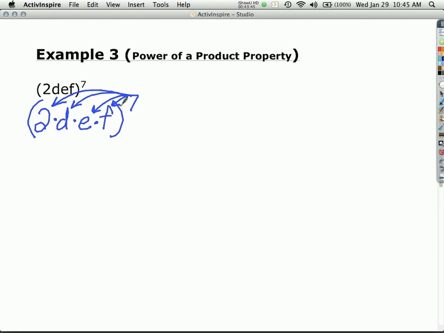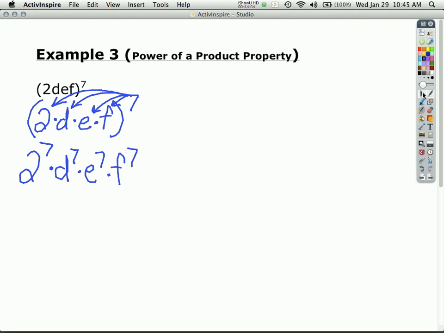So here's what it looks like. 2 to the 7th times d to the 7th times e to the 7th times f to the 7th.